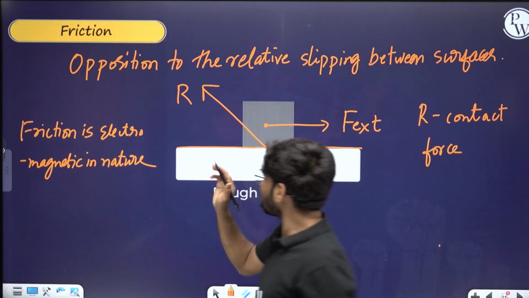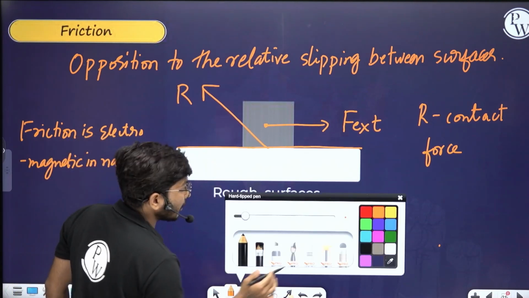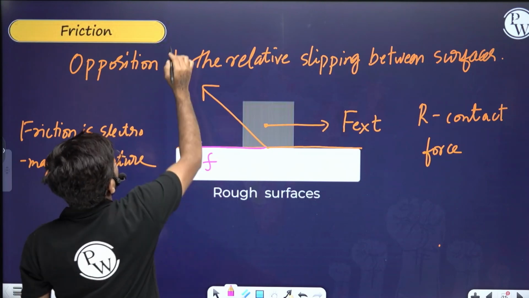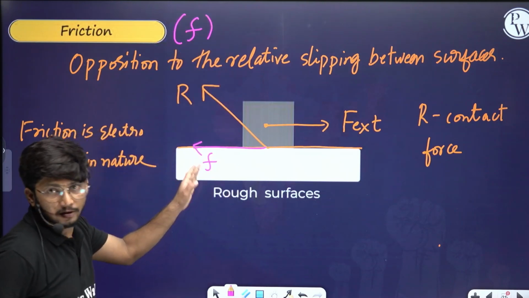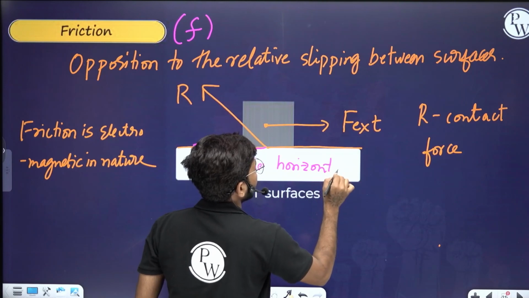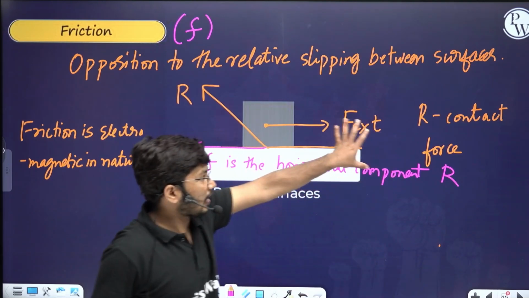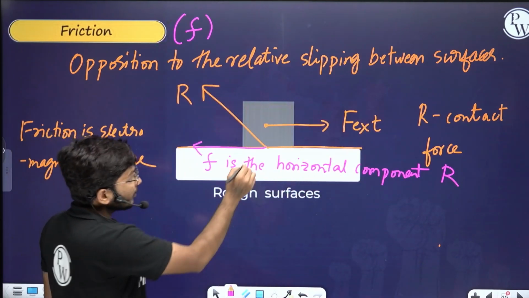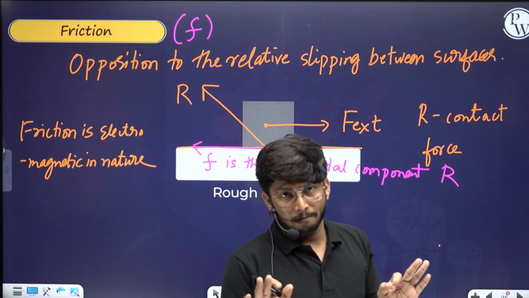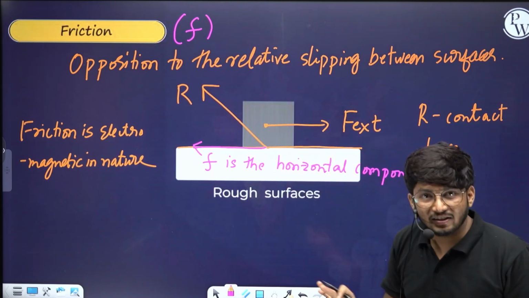Friction, which we represent by letter F, is the horizontal component of R. The horizontal component of this contact force we call friction. The vertical component we call N. But we only care about friction as of now. So we only look at the friction and its types, right?